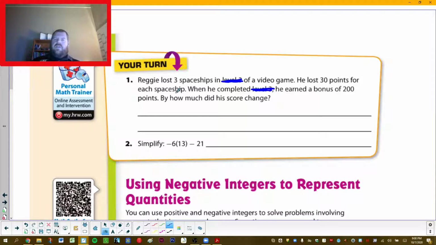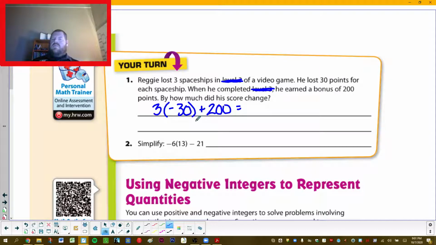Yes, it's a number in the problem, but I don't want you to get caught up on that. So he did lose 3 spaceships, and he lost points for every spaceship. So 3 times, he lost 30 points. But at the end, he earned a bonus, which would be an addition step of 200 points.